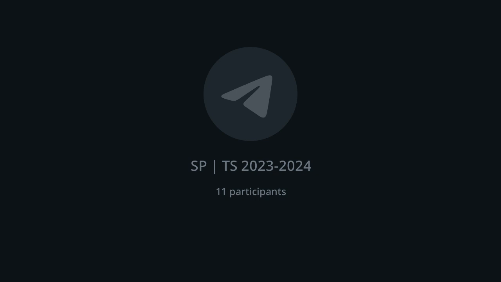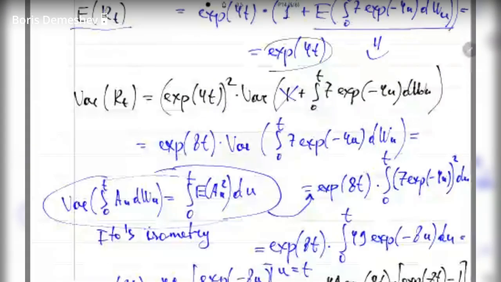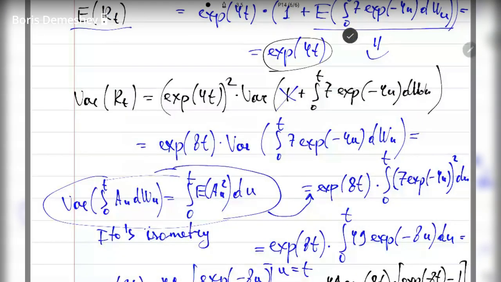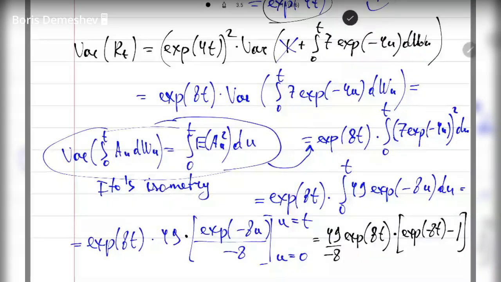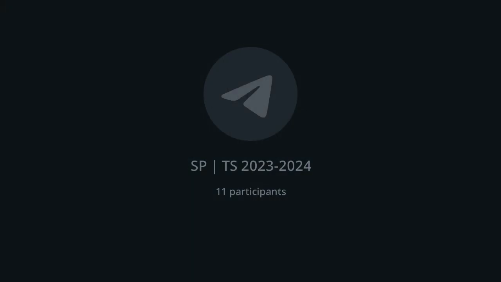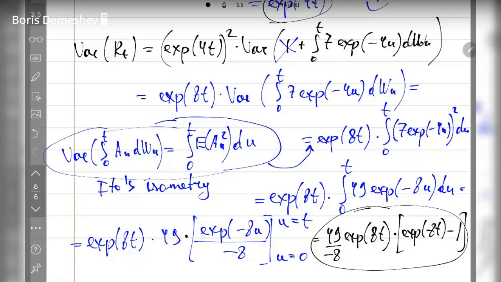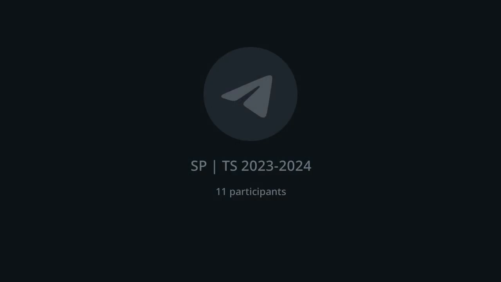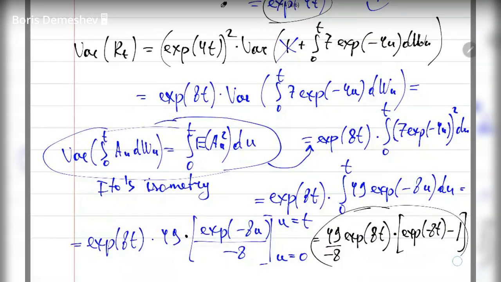And in this case, because 4 is positive, this process has an explosive expected value. The expected value goes up, and the variance goes up too. Because if I simplify, what will I get if I simplify this expression?